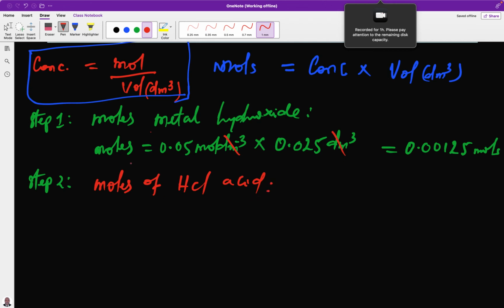We are using the same thing here. The moles will be equal to the concentration times the volume. And for hydrochloric acid, the concentration is 0.2 mole per dm³ times the volume.